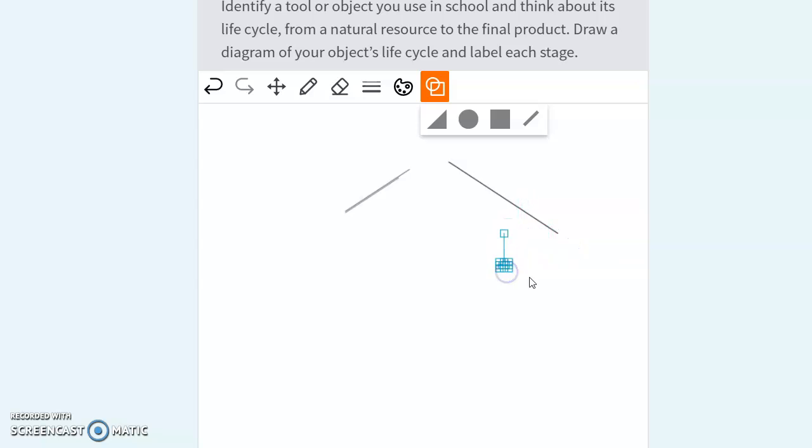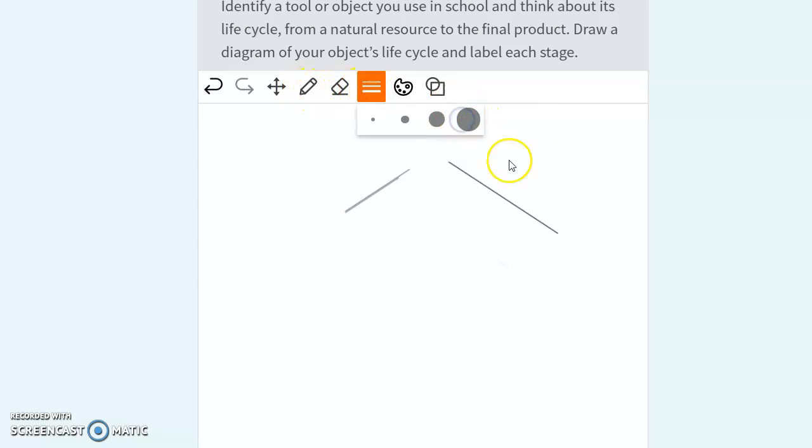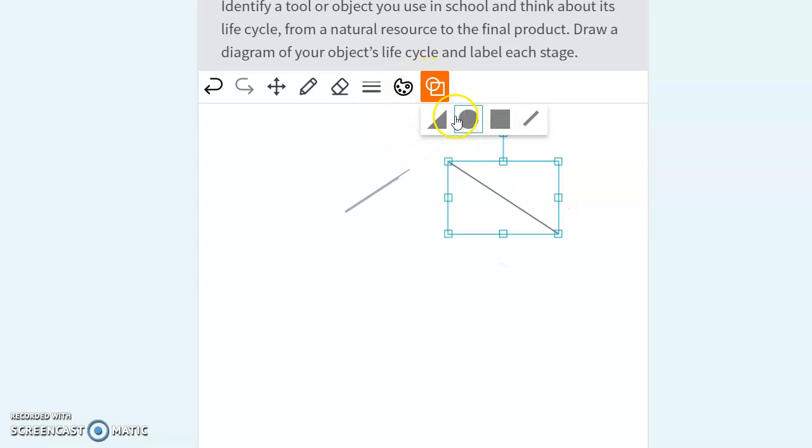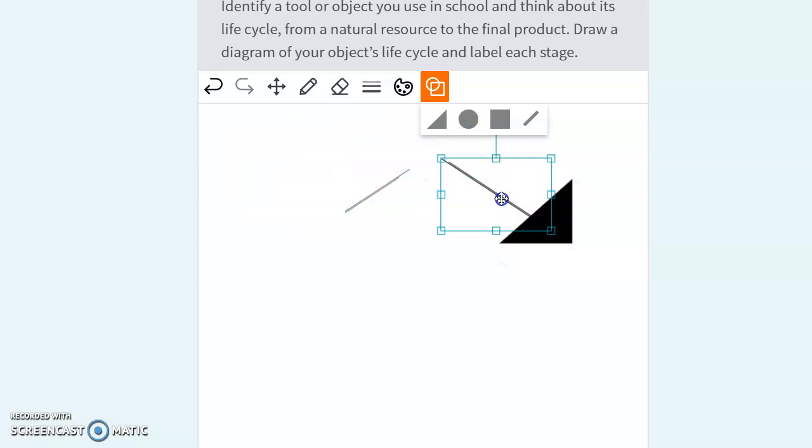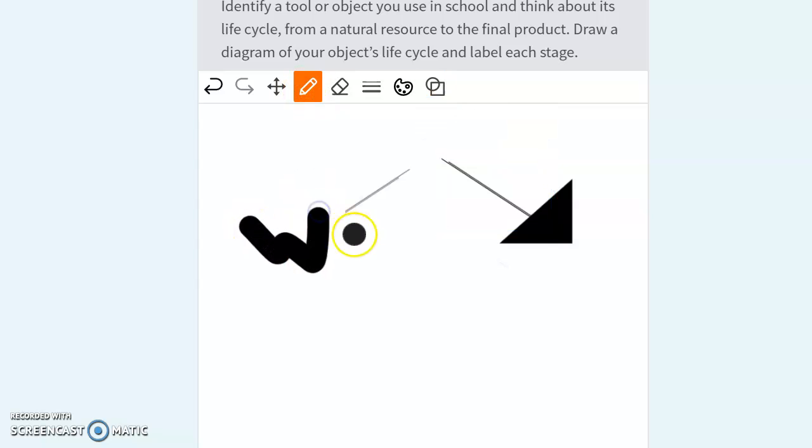Hard to make an arrow. Here's my little arrow. So you have a pencil, and then the arrow comes this way, and it's taken from the wood. So I need to write that. Wood.